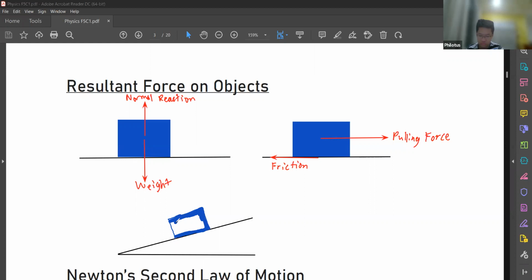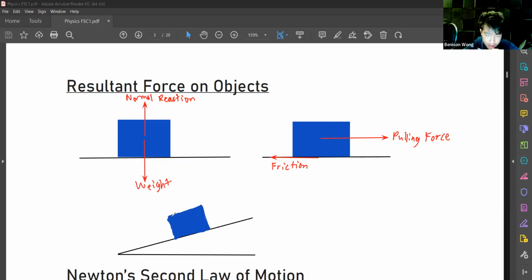Okay, we color this object. So in physics, if the object is on a surface that is horizontal, no problem.